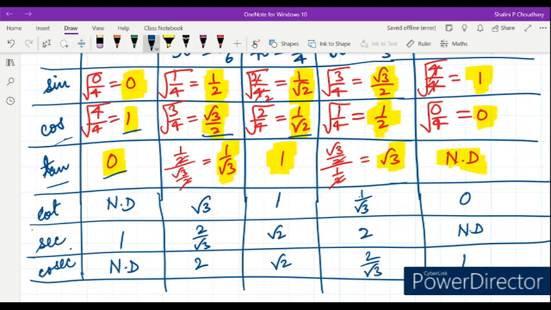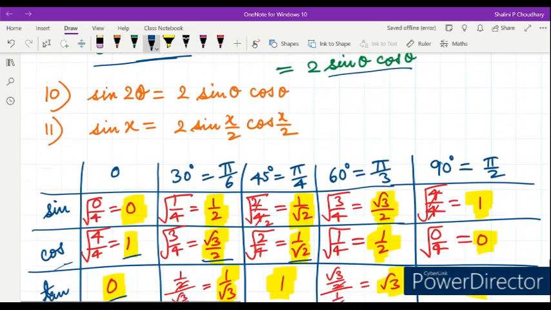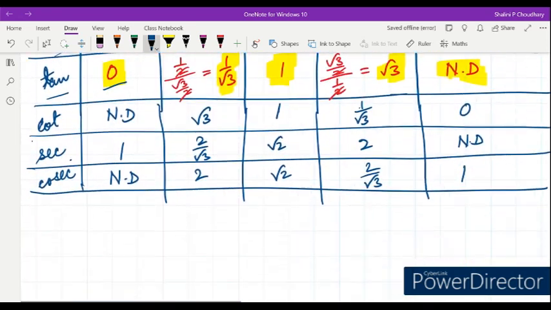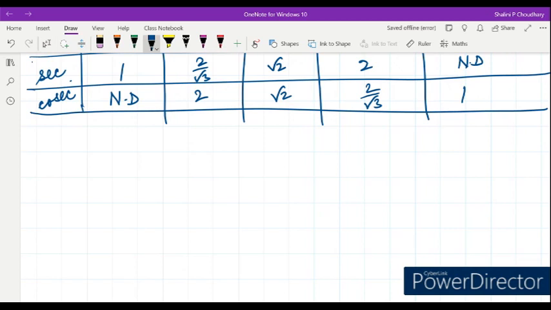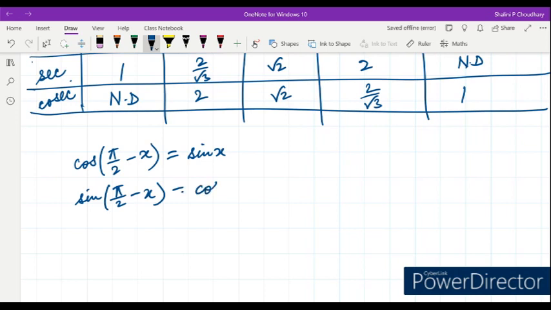After sine x, we write the values as we know: cos of 90 minus x will be equal to sine x, and sine of 90 minus x will be equal to cos x.